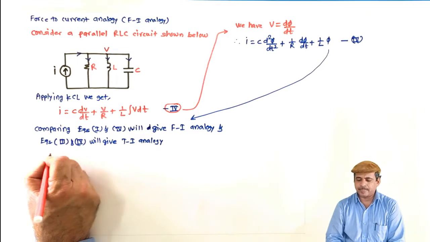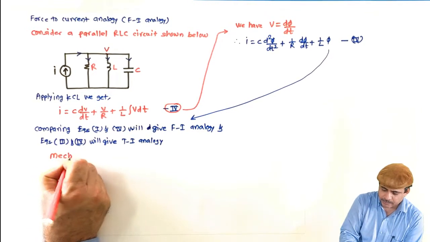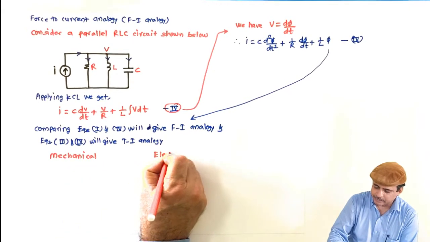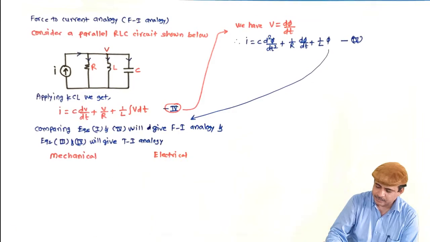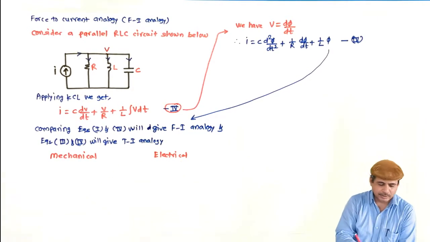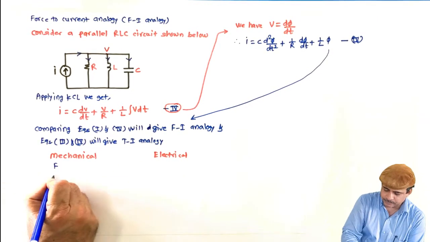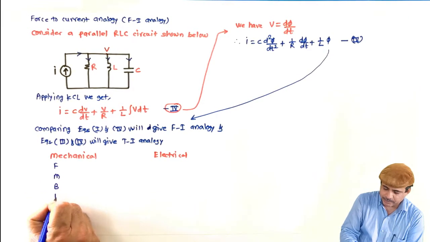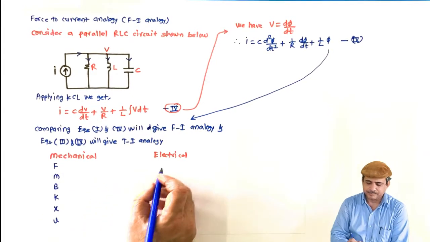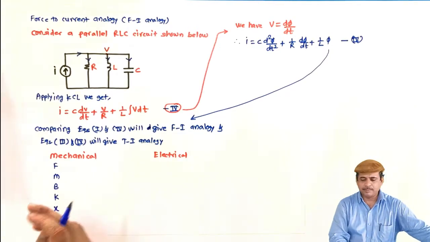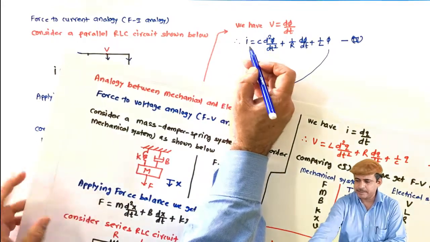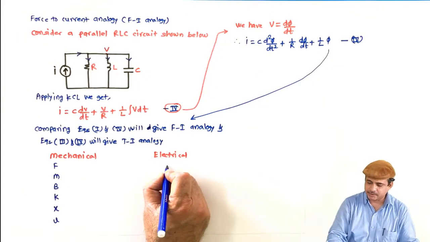So I will do it for mechanical and electrical. Again the same: force, mass, damper, spring, displacement, velocity. And if you compare these two, you can check here. F is analogous to I, so I will write I here.